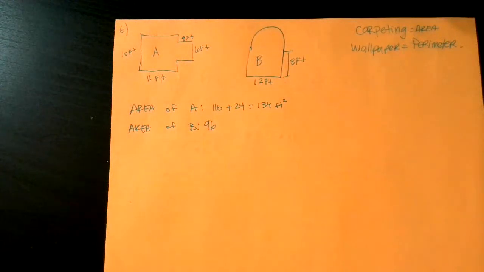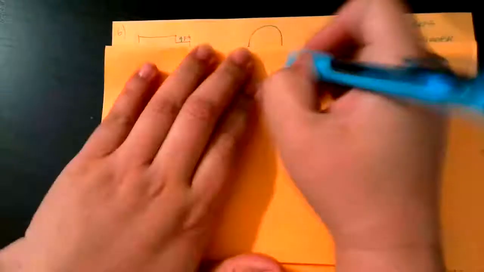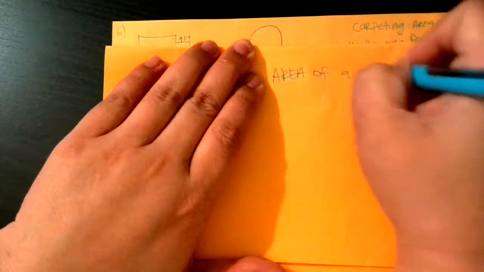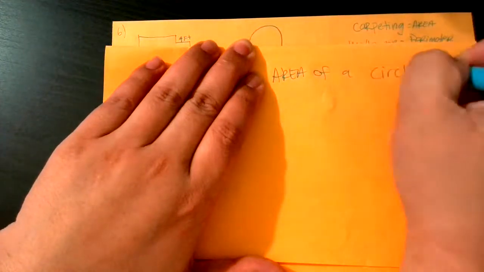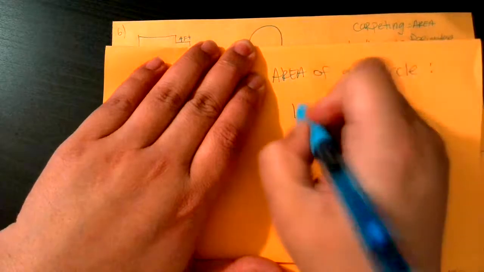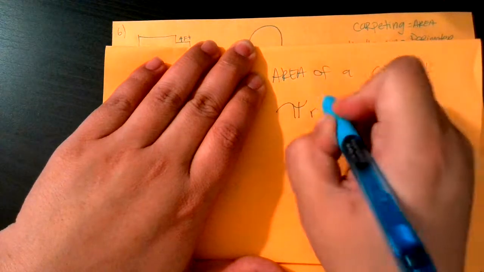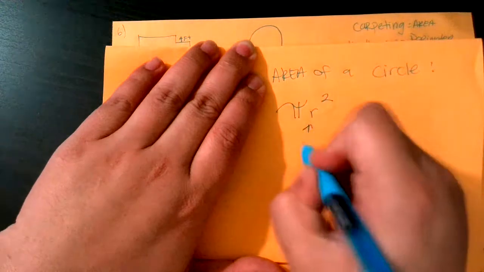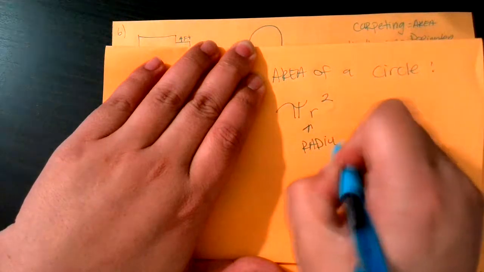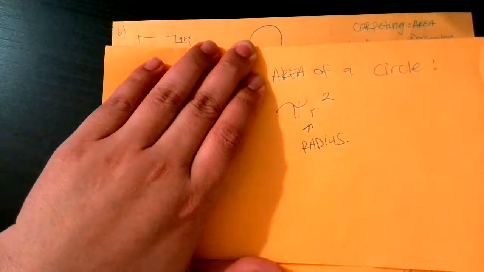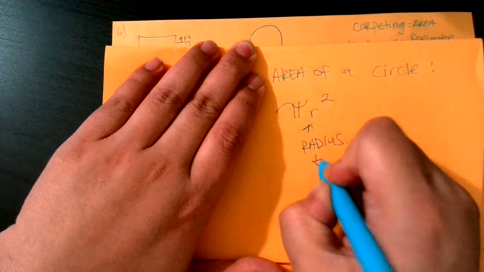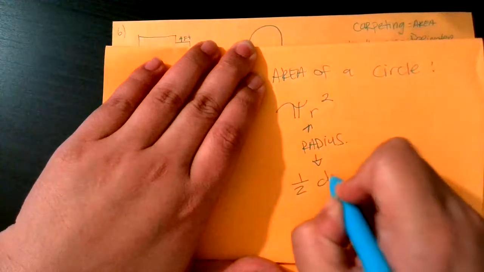I'm going to take my side paper right here. Don't forget that the area of a circle is pi r squared, right? Where r is your radius. And don't forget that your radius is also half your diameter.